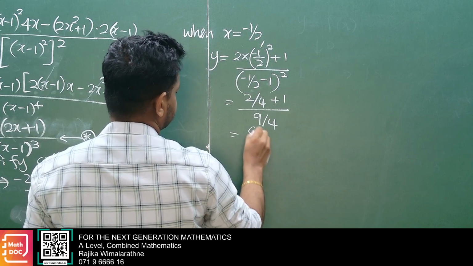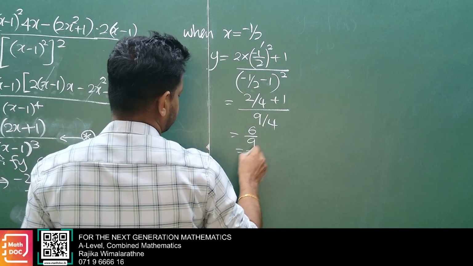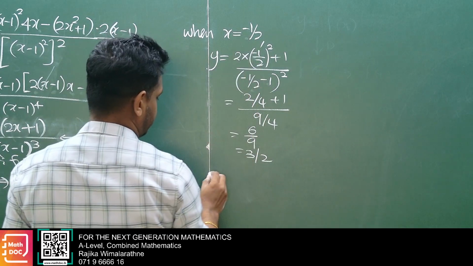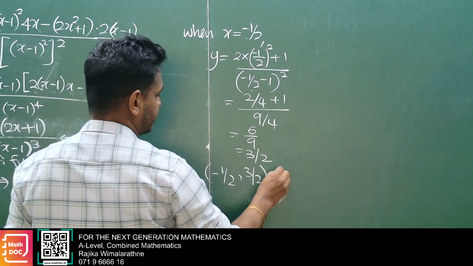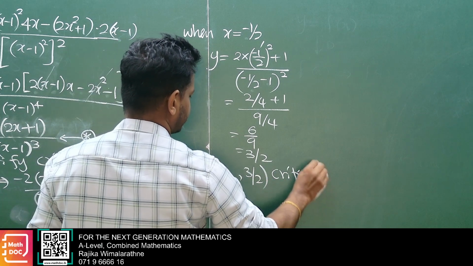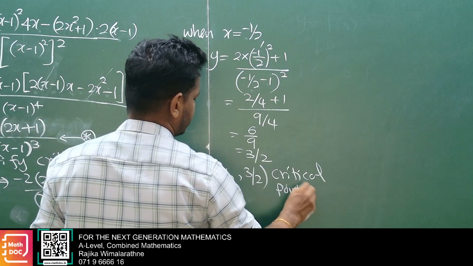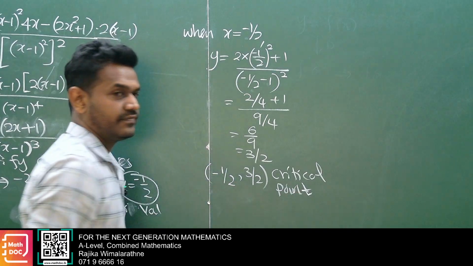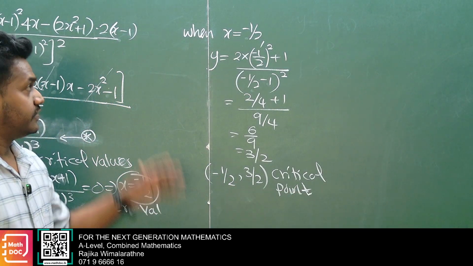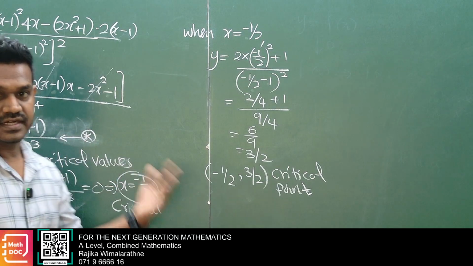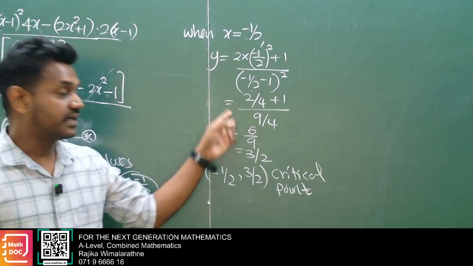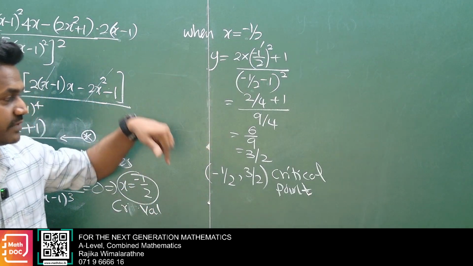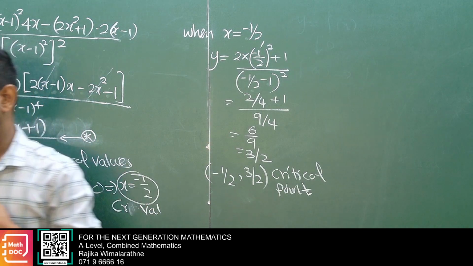Simplify, 6 over 9, 3 over 2. Therefore minus half, 3 over 2, you say critical point. You differentiate the function, thereafter factorize, equate to 0, thereafter find the critical value. That critical value, substitute in the function. Continue.